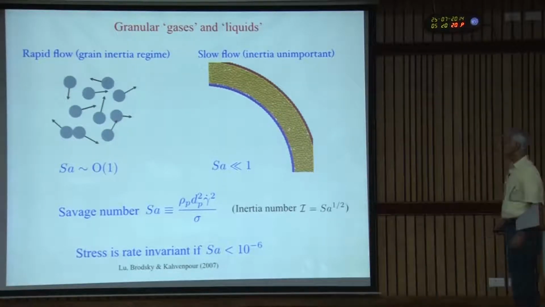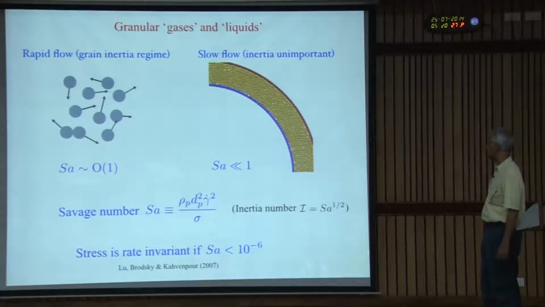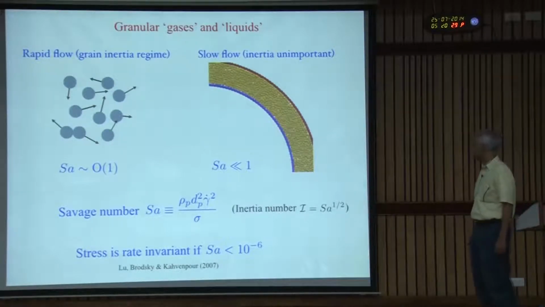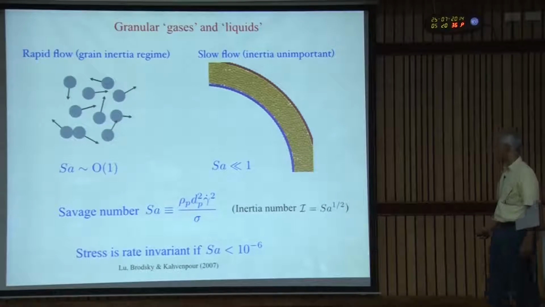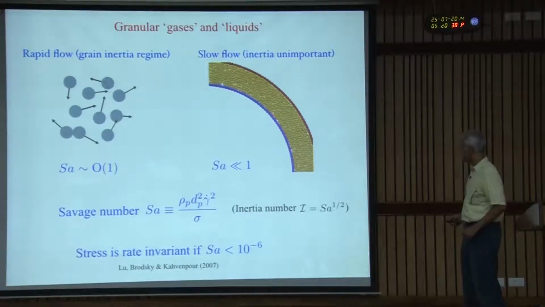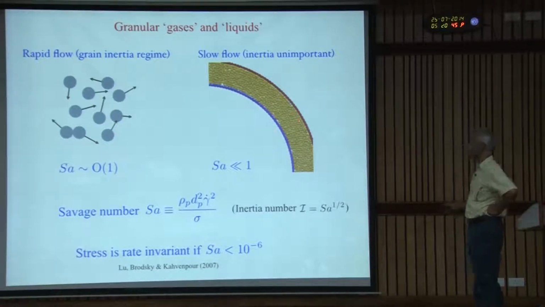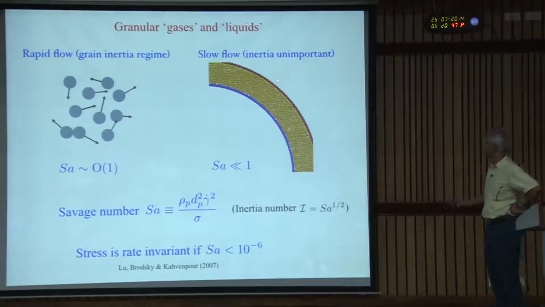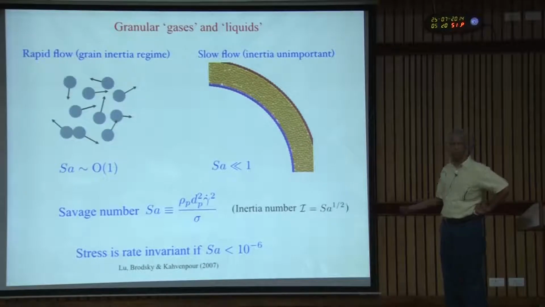Now, this Savage number was first proposed by Stuart Savage as a measure of what regime you're in, and the more recent use of this inertia number is essentially simply the square root of the Savage number. And the observations tell you that if the Savage number is below 10 to the minus 6, you are in this regime. And in this regime, the stress does not depend on the rate of deformation.